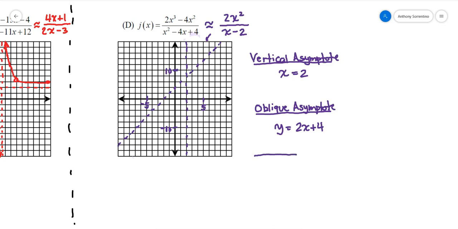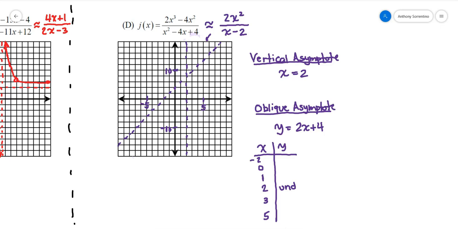I still use the vertical asymptote as a central point. That's where it's undefined. And so I want to pick some values that are close by, maybe one a little further away. Same thing here. And we'll just say negative 2.